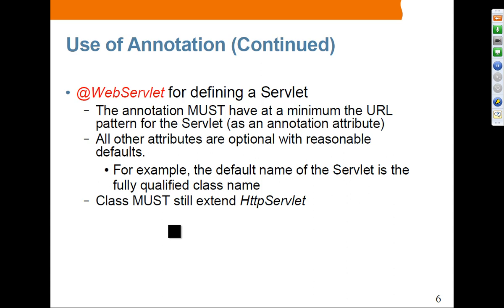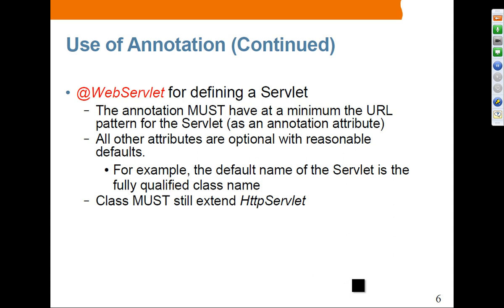So let's talk about the first and most important annotation, which is WebServlet. This is for defining a servlet. Okay. So when you use WebServlet, one attribute has to be there. That is the URL pattern. In web.xml file, when you configure a servlet, you have to specify the URL pattern, right?